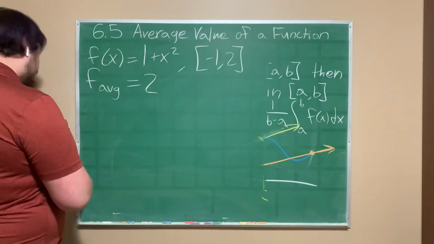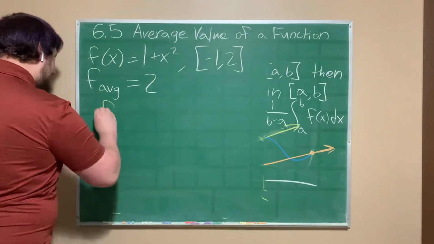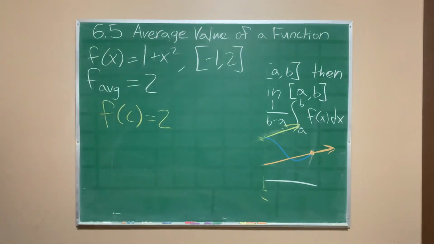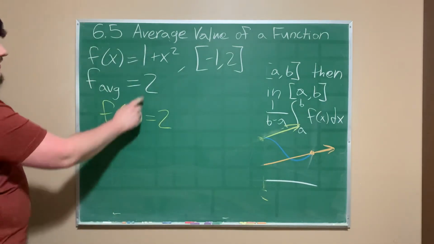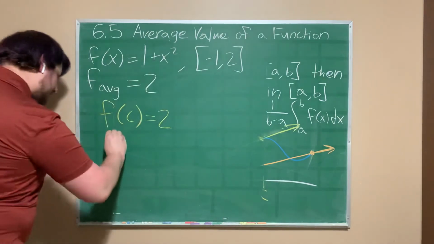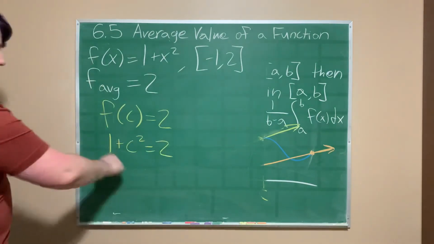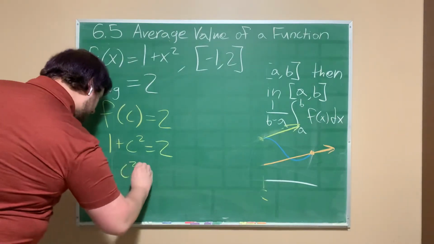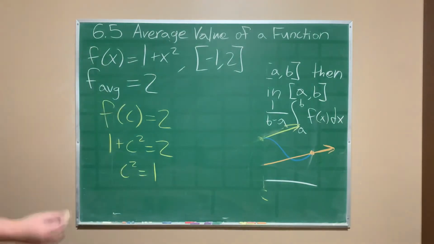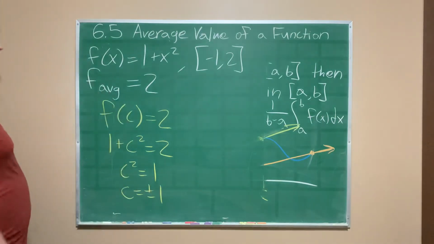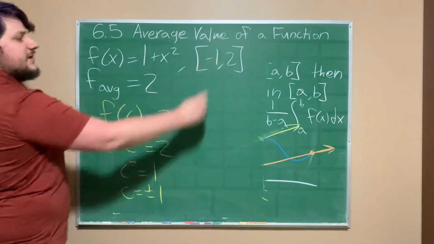So there is some number c, so that f of c is precisely equal to 2. And f of c just means 1 plus c squared. So we have 1 plus c squared is equal to 2. Solve for c squared here, we get c squared equals 1, which means that c itself is either plus or minus 1. And both of those happen to be in this interval here.